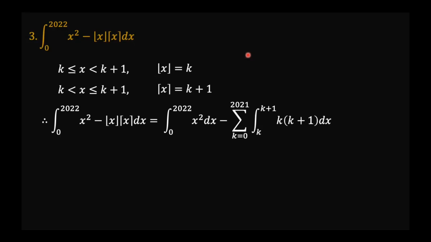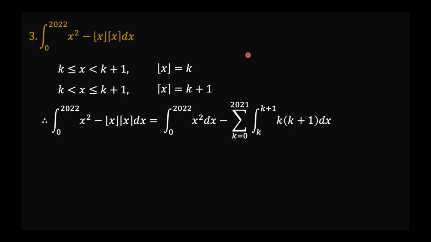Within those strips, we can then integrate. We know that within those strips, the values of the floor function and the ceiling function are constant. So we'll just plug in the constant, which is the product of k and k plus 1, to signify the floor function of x and the ceiling function of x respectively.